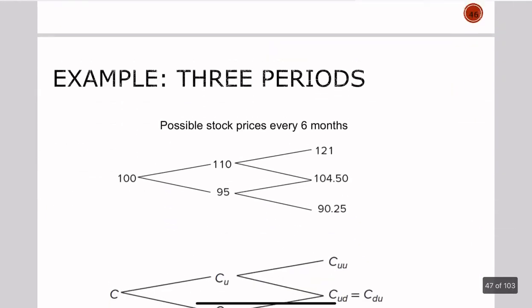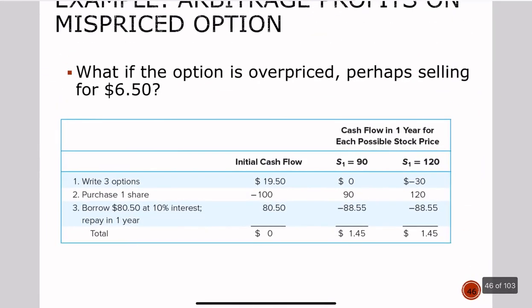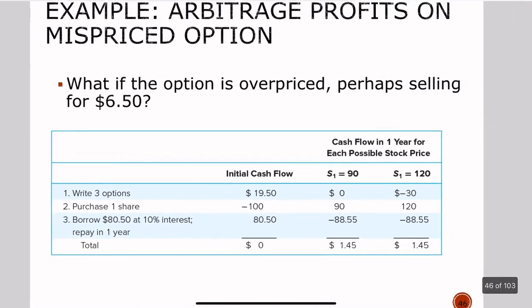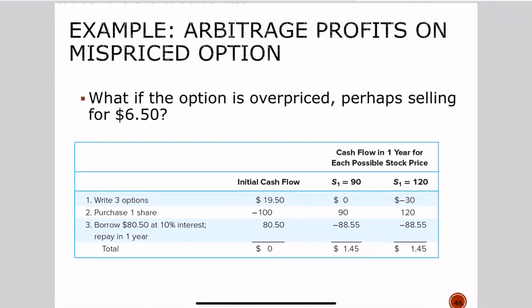Okay, let's see this example here. So you might wonder, what happens if the option is not correctly valued? Let's assume the option is overvalued, right?